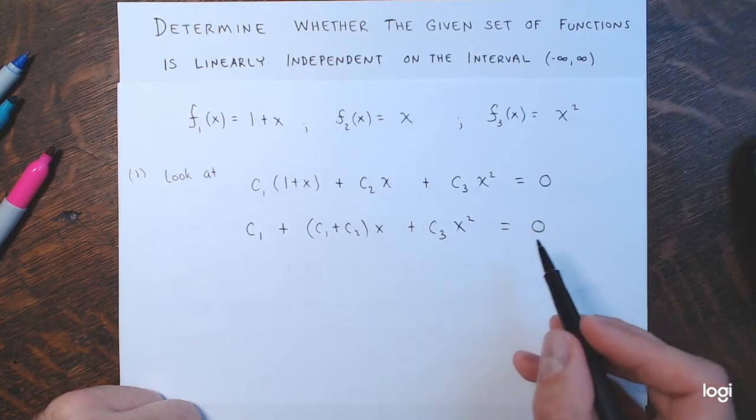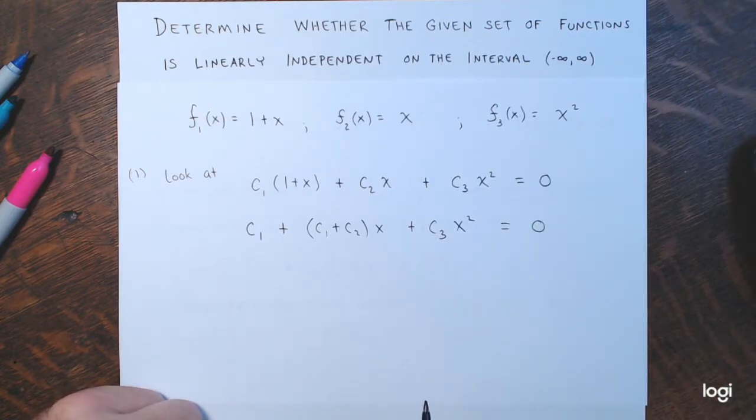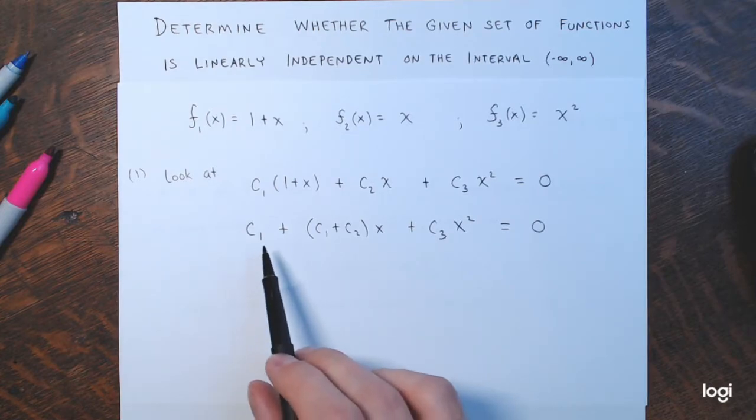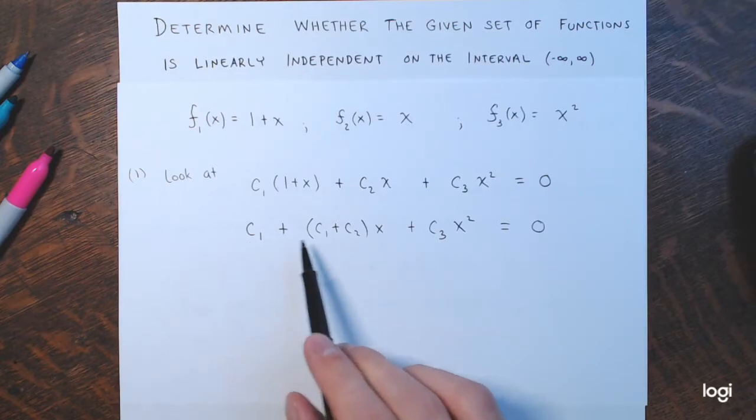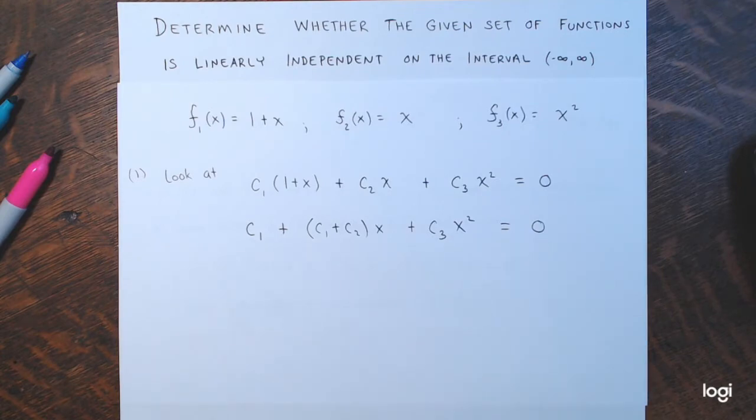And being polynomials, right, we can set up a nice easy system. Remember, the only way polynomials are equivalent for all x, on their domains, is if their coefficients are the same.